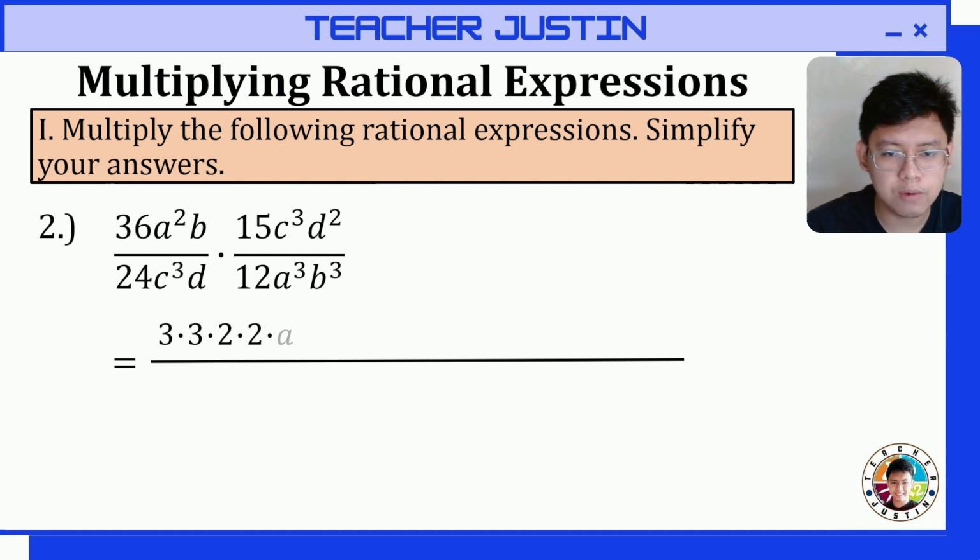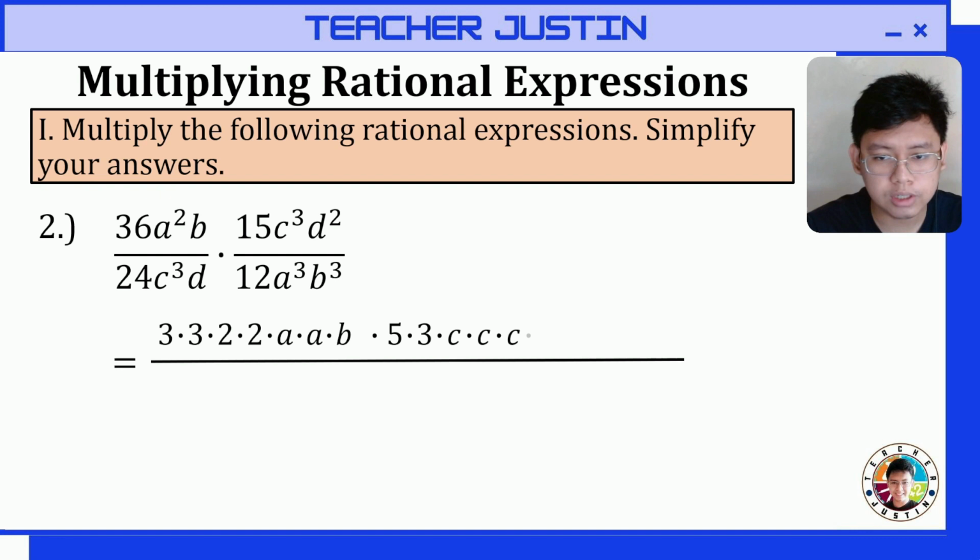Tapos, meron tayong dalawang a, tapos isang b. Now, yung kabilang numerator naman, 15c cubed d squared can be factored as 5 times 3, tapos tatlong c, tapos dalawang d. Ayan. So, na-factor na natin yung mga nasa numerator. Punta naman tayo sa denominator. 24c cubed d, yung factor niya will be 3 times 2 times 2 times 2.